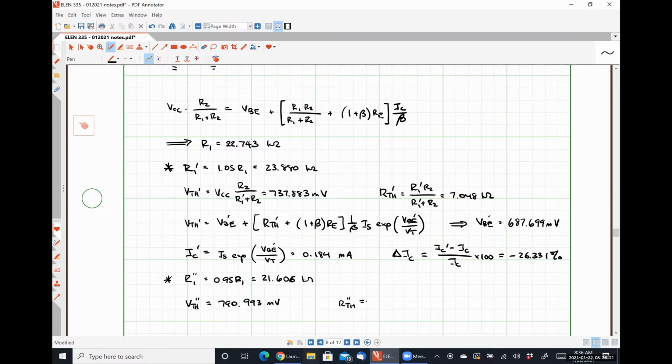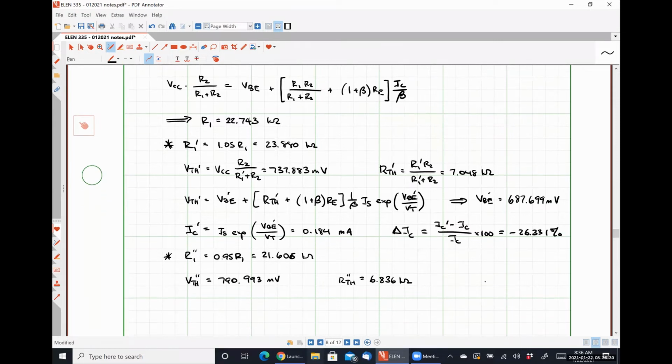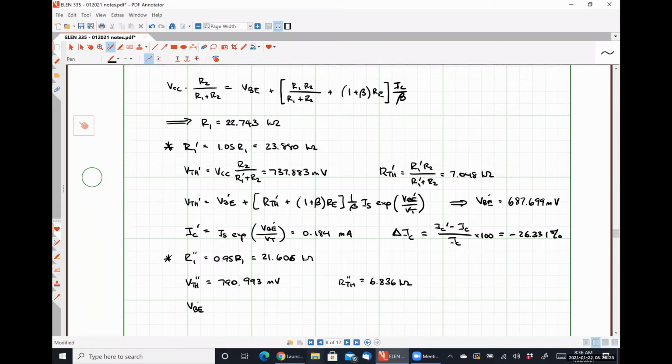R Thevenin double prime becomes 6.836 kiloohms, which winds up giving me a value of VBE double prime of 702.616 millivolts, which has a corresponding collector current of 0.327 milliamps, and finally a change in collector current of positive 30.754%.